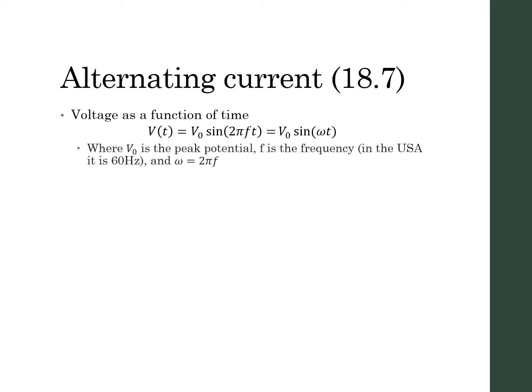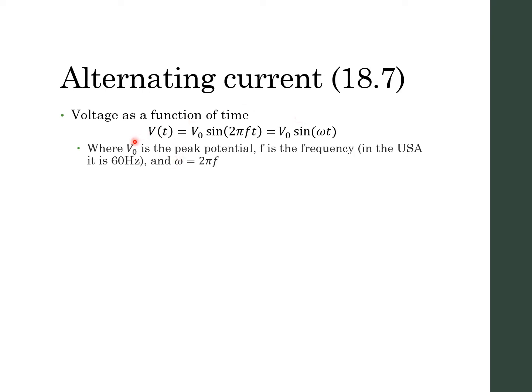If we wanted to write the voltage as a function of time, we would be able to use this equation here. Because this isn't going to be our focus in a lot of this class, do not stress too much about some of this information you're going to be seeing.